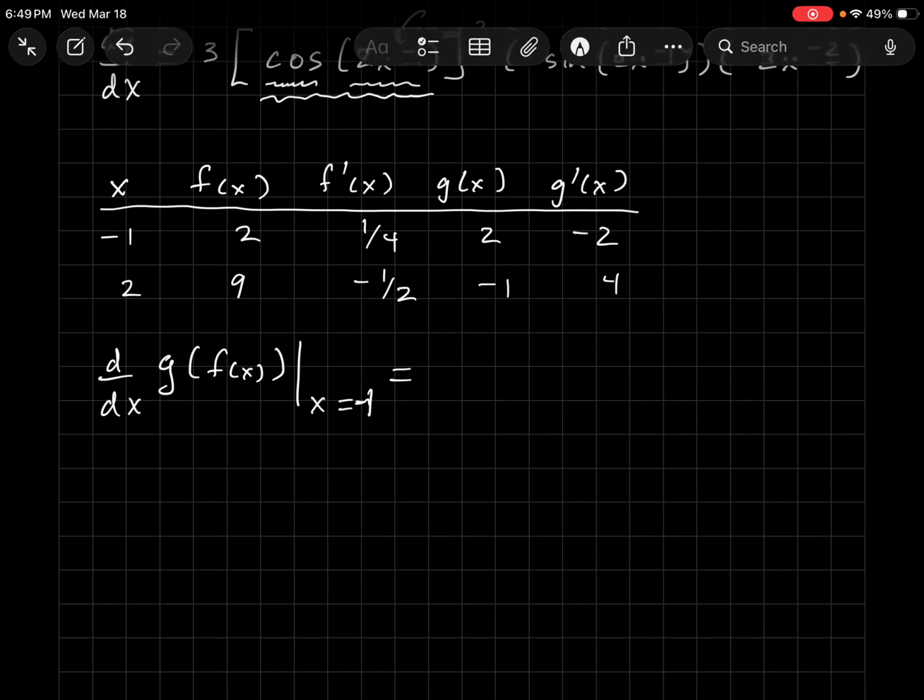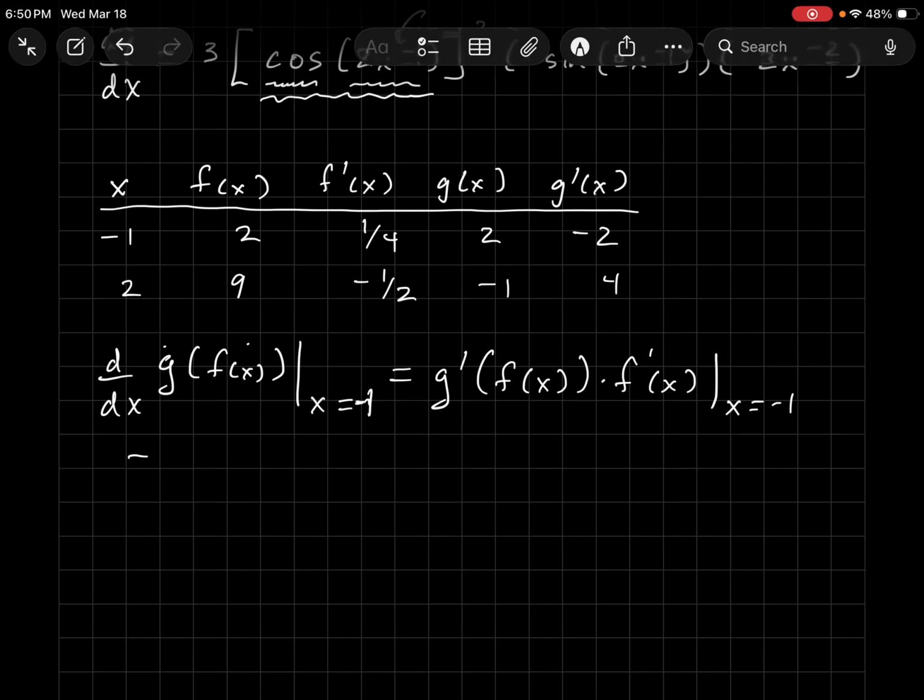So how do we do something like this? Okay, it's the chain rule. I have an outer function g, inner function f of x, which says we need to find the derivative of the outer function, leaving the inside part alone. I'll put x for now, times the derivative of the inner function at x equals negative 1.